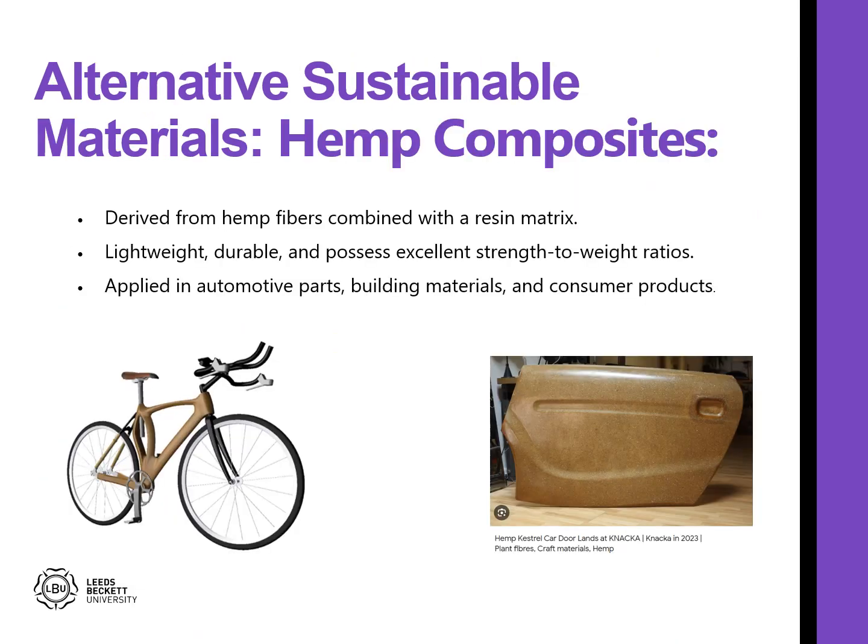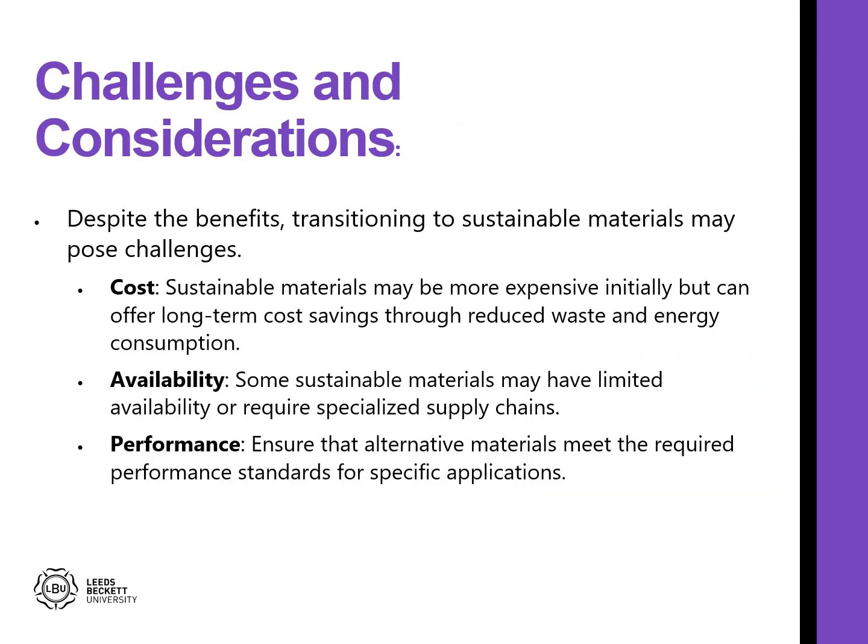Another alternative is hemp composite, which again can be used in cycle frames and car door manufacturing. It derives from hemp fibers combined with a resin matrix. It's light, it's durable, and possesses excellent strength. So it's another alternative.